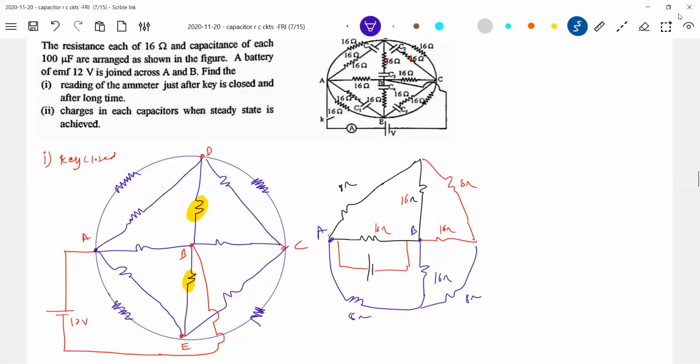Anybody answer? Reading of ammeter. Where is the ammeter? Ammeter is here. A, this is D, this is C, and this is E. Check it now carefully. We have to redraw this circuit.